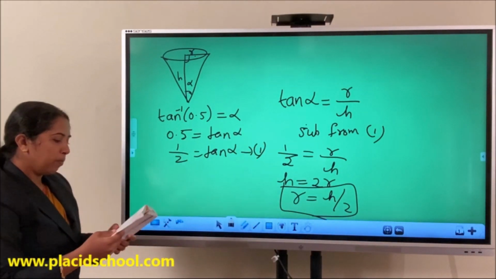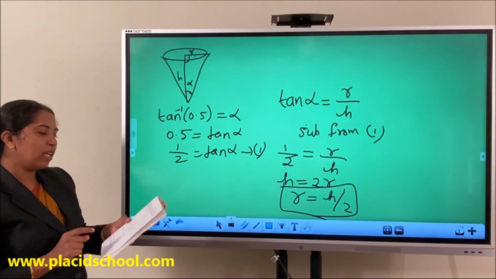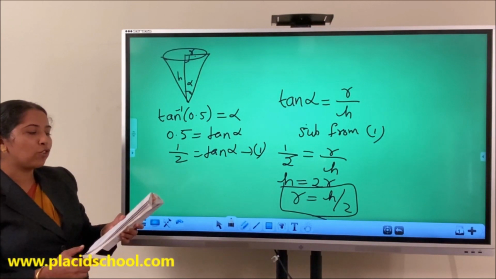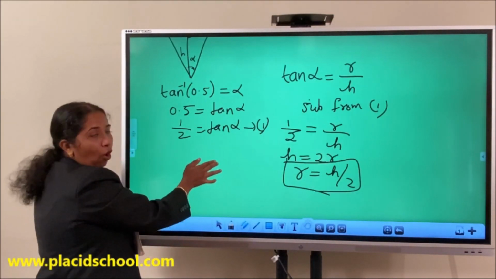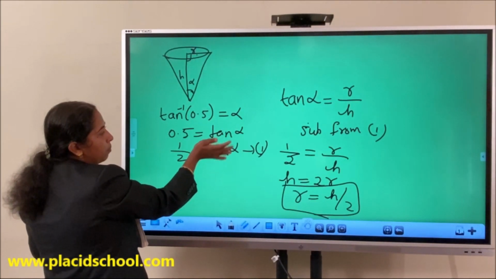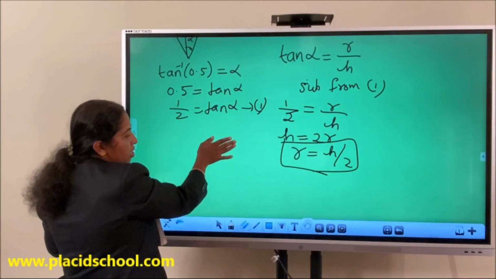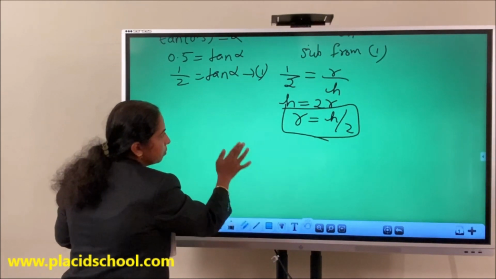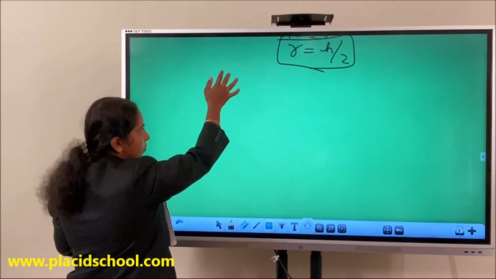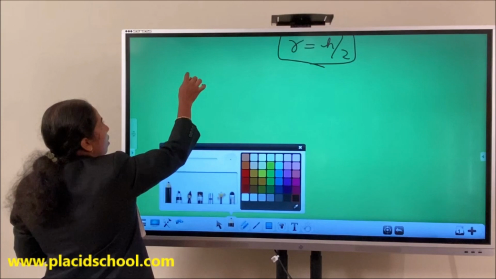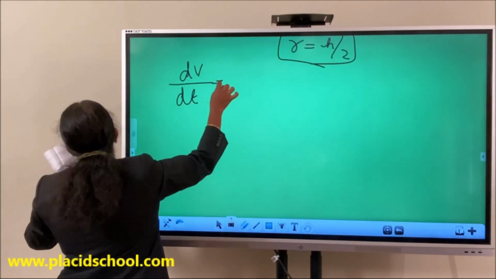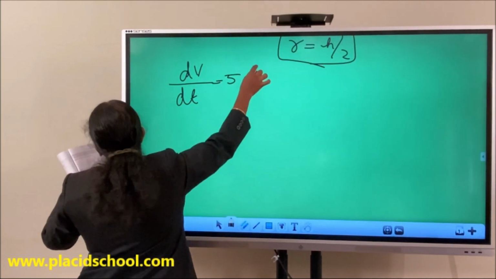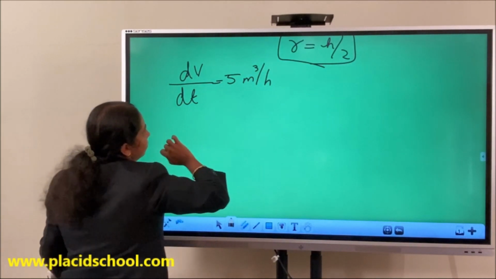Now it is given that water is poured into it at a constant rate of 5 cubic meter per hour. That means rate of change of volume with respect to time, and time is in turn given in hours. Rate of change of volume with respect to time is given to be 5 meter cube per hour.